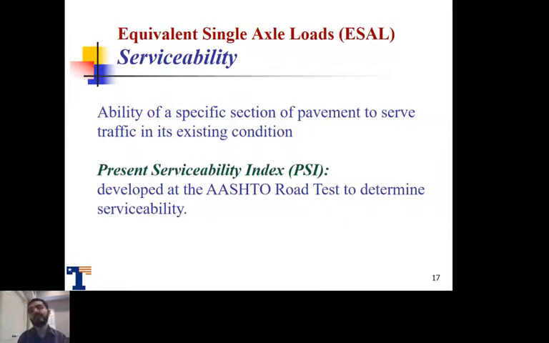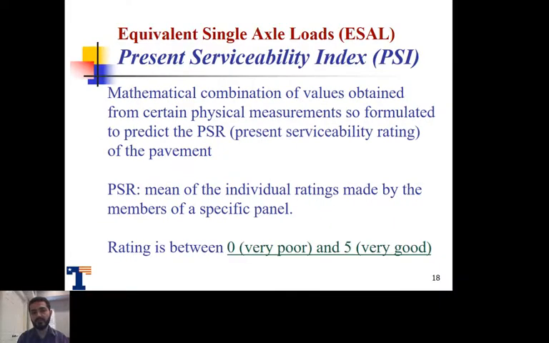So what does serviceability really mean? As I mentioned, it's the ability of a specific section of pavement to serve traffic in its existing condition. And to do so, we have an index called the Present Serviceability Index. This was developed by the AASHTO road test in order to determine the serviceability, or the strength of the pavement at a certain time once we pave the road.